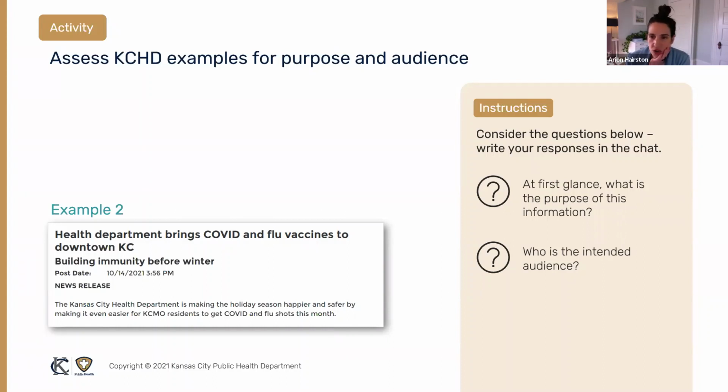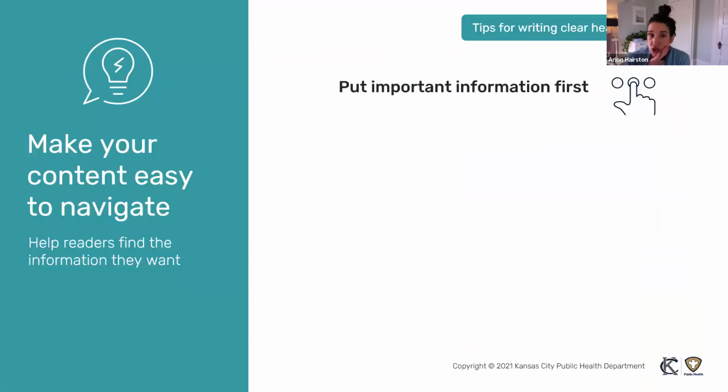Now we're going to move on to structure. So this is our second tip, making your content easy to navigate. This is one of the most important principles, I would say, and I've been working in health literacy for close to 20 years. It's really hard to get right, but really it's all about organizing your information.